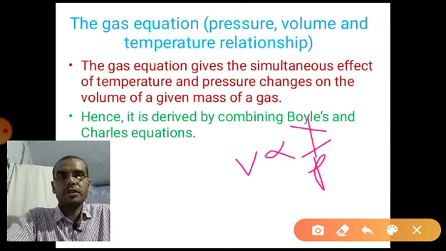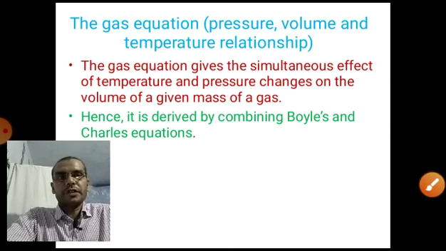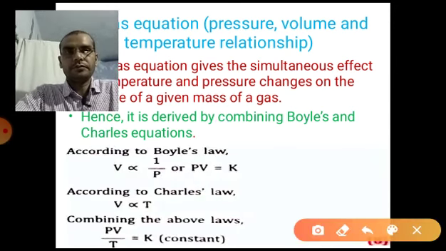According to Charles' law, the volume is directly proportional to the temperature if pressure is constant. So by combining both, according to Boyle's law, V is inversely proportional to P if temperature is constant. It means PV equals a constant K.